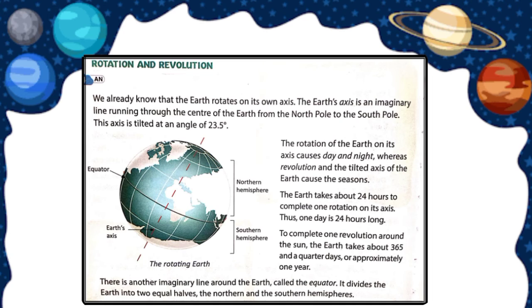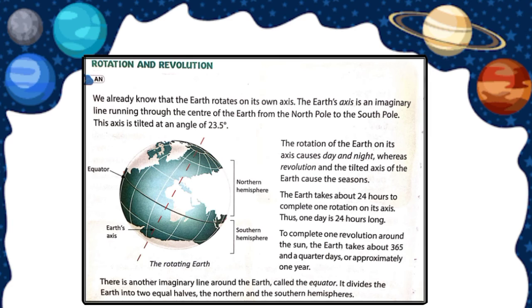Other planets have different orbital times. For example, it takes only 87 days for Mercury to orbit the sun, but 12 years for Jupiter to make the journey.